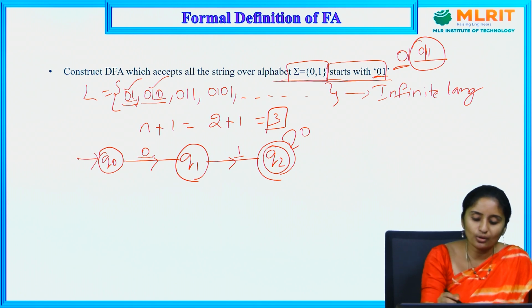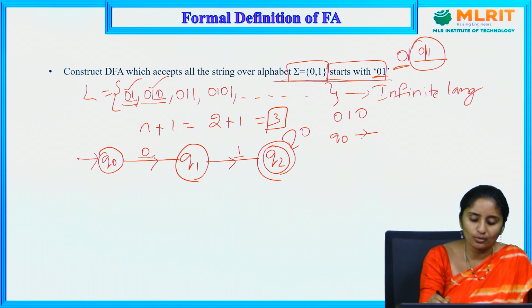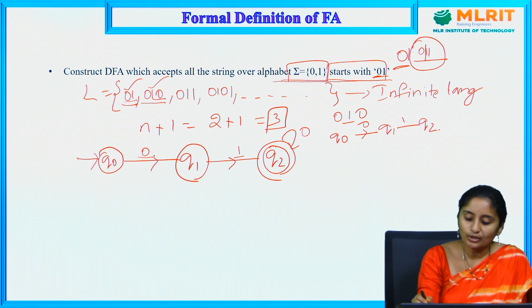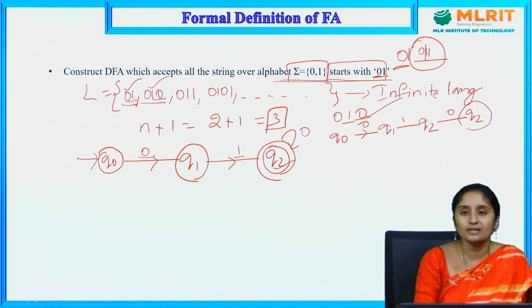So see here 0, 1, 0. Q0 on 0 moves to Q1. Q1 on 1 moves to Q2. Q2 on 0 moves to Q2. Q2 is my final state here, so the given string is accepted.